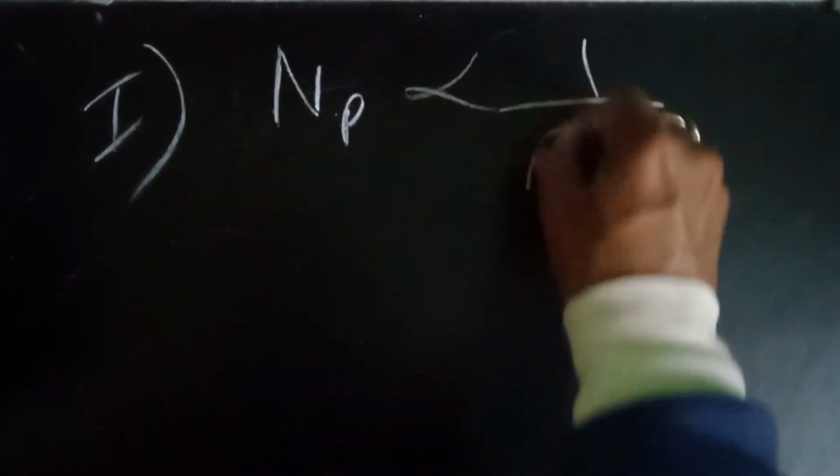For the first case, when the Reynolds number is less than 10, Np is inversely proportional to the Reynolds number.